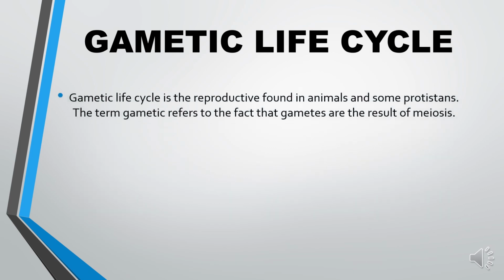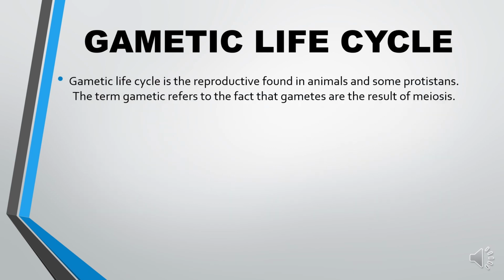Now let's proceed to the eukaryotic life cycle, or the series of developmental stages. We have three eukaryotic life cycles: the gametic life cycle, the zygotic life cycle, and the sporic life cycle. But I choose the gametic life cycle. The gametic life cycle is found in animals and some protists.